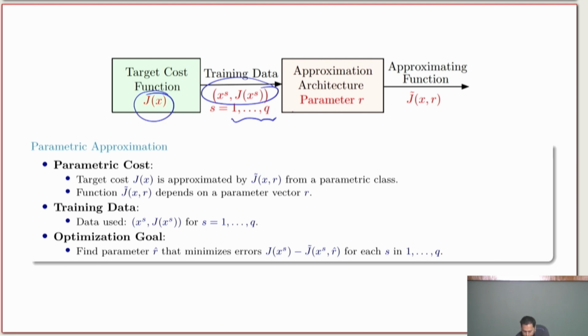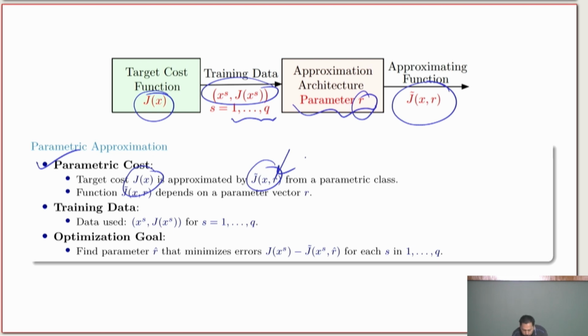the approximation architecture, and this approximation architecture gives me an approximate cost estimation, which is J tilde, right? We call it tilde because it's an approximation, and for various values of r, we get certain approximations of this cost. So in the cost space, we can again have this parametric cost, where the target cost J(x) is approximated by J tilde(x, r), where r is the parameter.